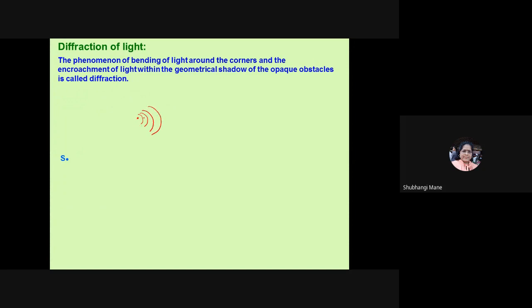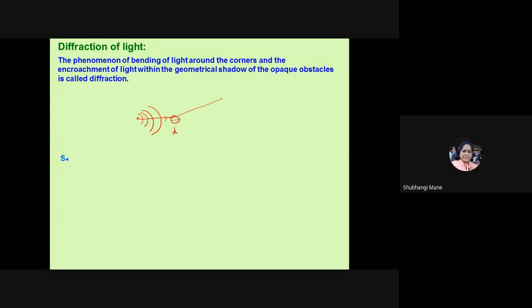We know that light travels in a straight line path, but if any obstacle of diameter d is coming in its path, then light is simply bending at the surface.